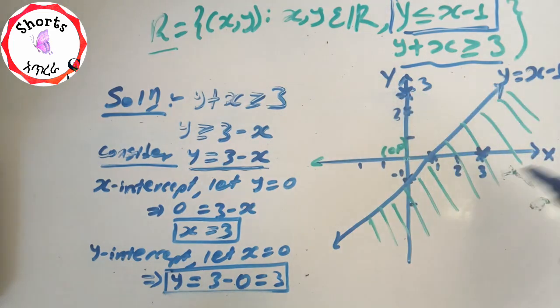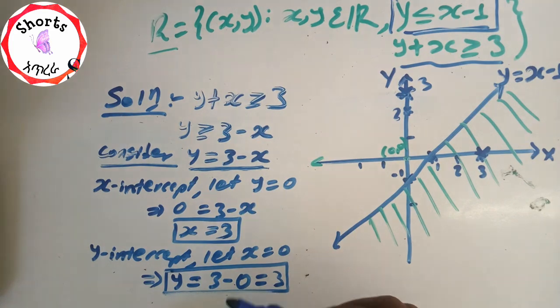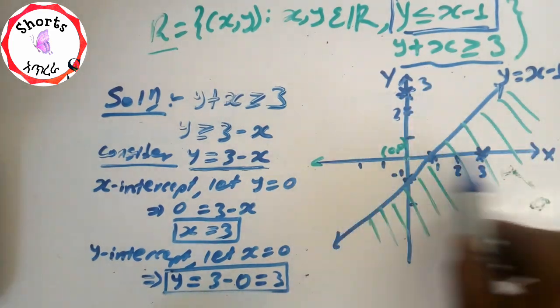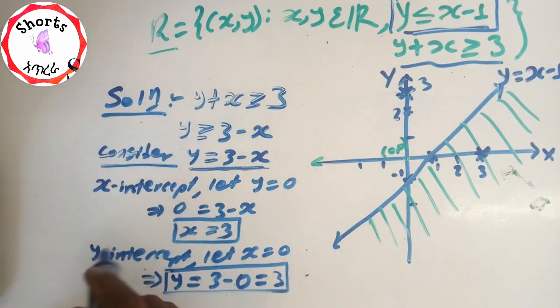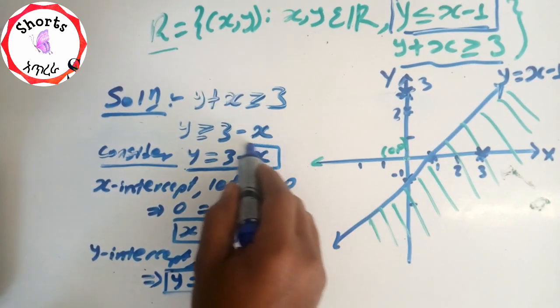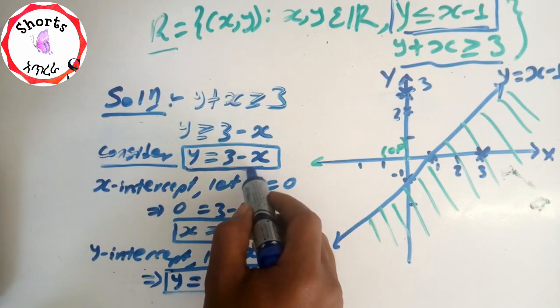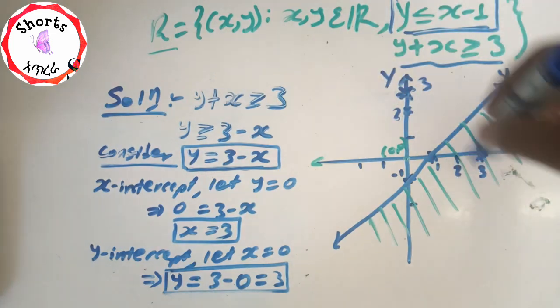From the intercepts, we have already determined the points where the graph touches the y-axis and x-axis. From this graph, you can see it is a decreasing graph because of the coefficient of the variable x. Then it's a decreasing graph.